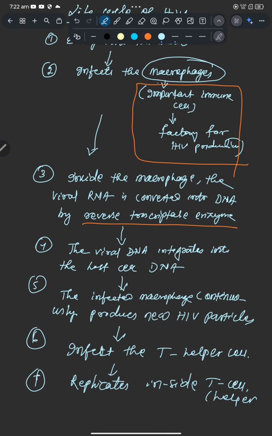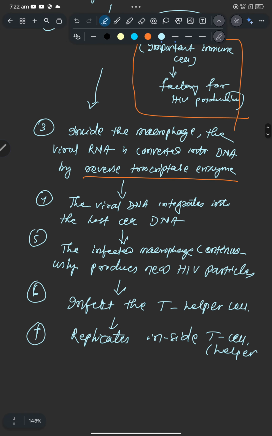And then what happens? The T helper cell is destroyed.